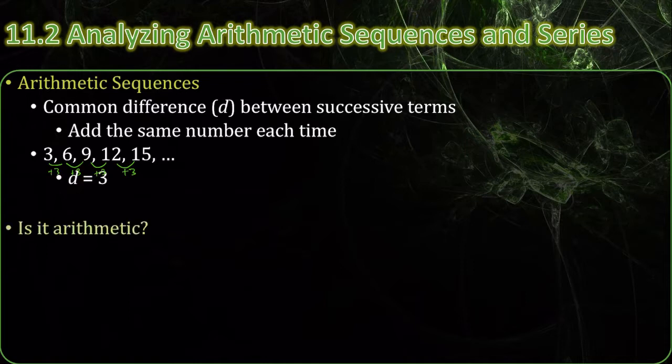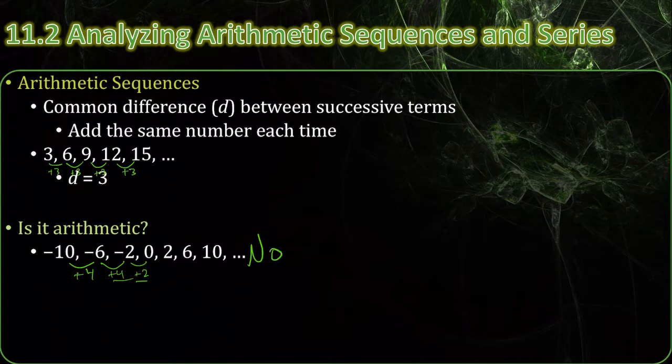So question, is that one arithmetic? Well, let's see. We add 4. We add 4, looking good. Add 2. Those are not the same, so no, it's not arithmetic. Why don't you try number 1?